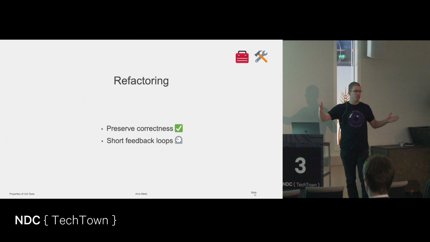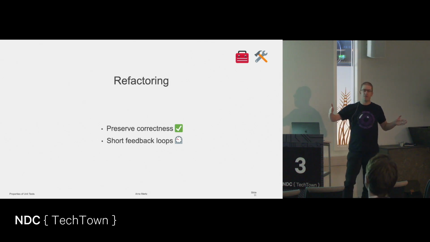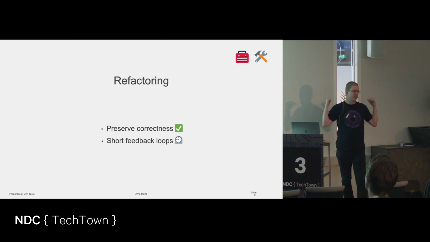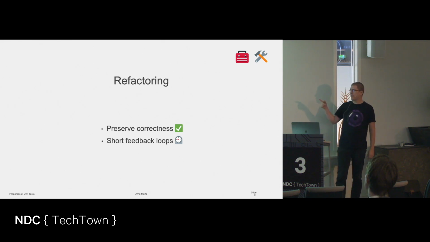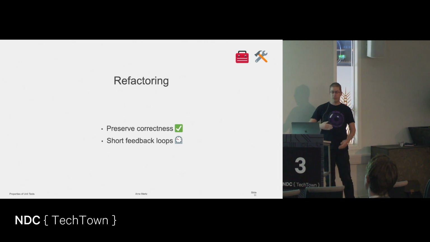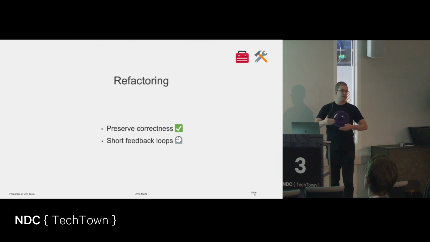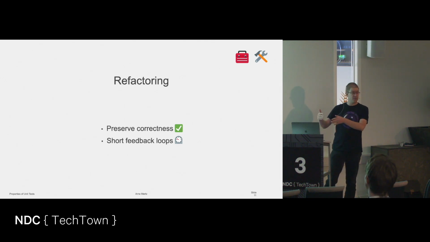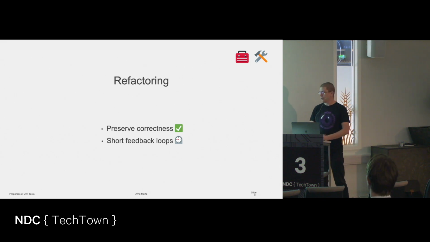But if you've done it for two days or for two weeks, then you just throw it all away and start over from last Monday. So these short cycles help in not wasting time and in keeping track. Am I still on track? Have I broken anything? Here again, we want fast unit tests for those feedback cycles.